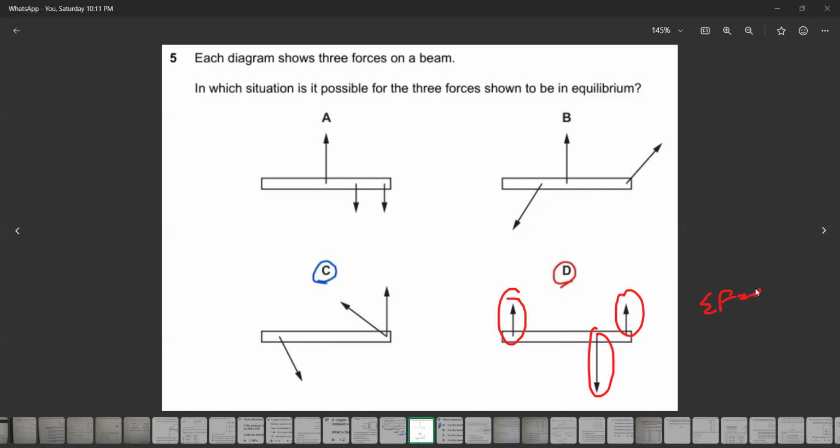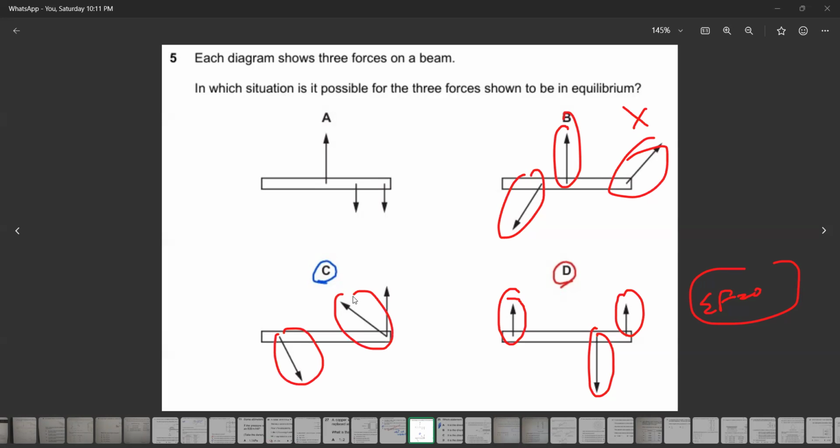So there is no resultant force on this one. What about this one? The two forces are cancelling out the effect of each other, and there's a vertical upward force, so there is a resultant force. What about this one? Two forces are acting in opposite directions, but still there's one force acting. So this will also cause a rotation, a turning effect.